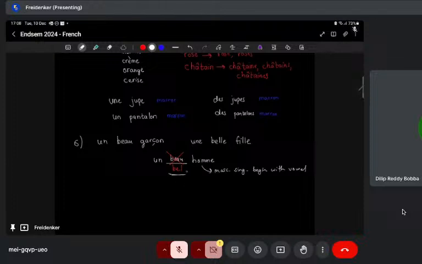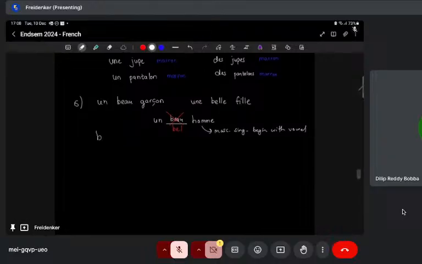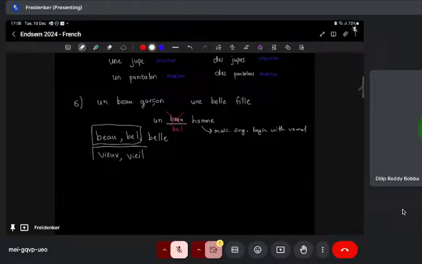So I'll give you the words where this effect is happening. So you have beau, then you have bel, and then you have belle. So this is for masculine. You have vieux, which is old, but then you have another form, which is vieil, and then you have the female vieille.